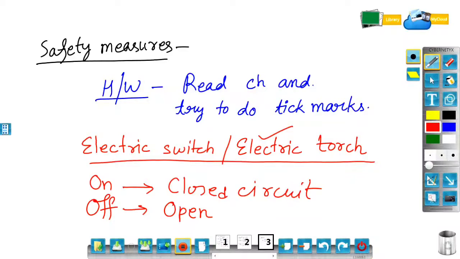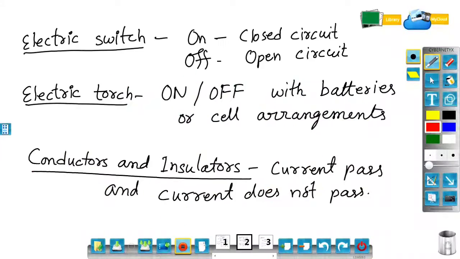Now the next topic is conductors and insulators. Conductors are the things in which the current will pass, and insulators are those materials in which the current does not pass.